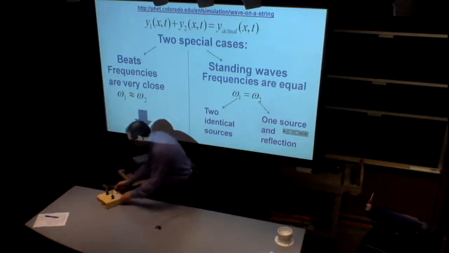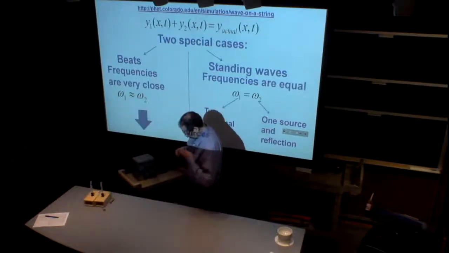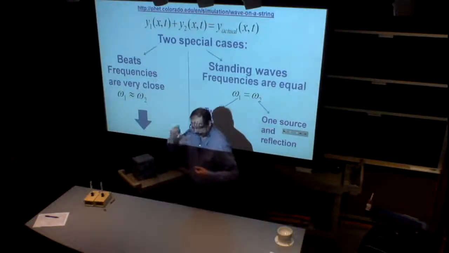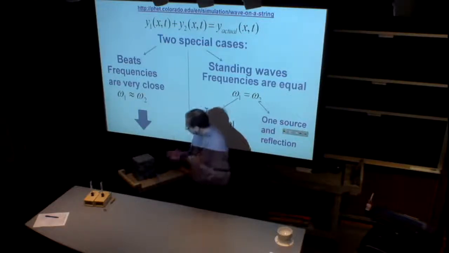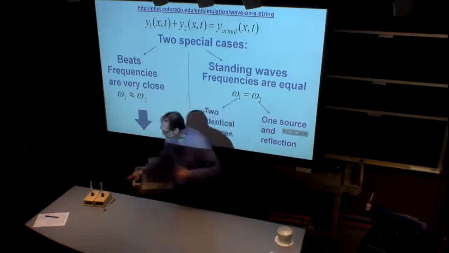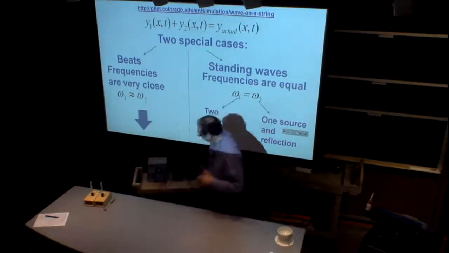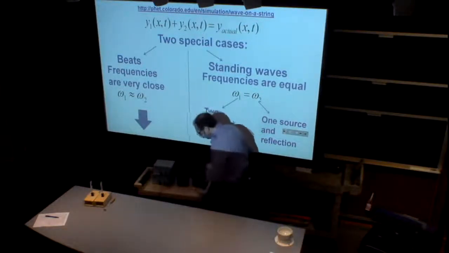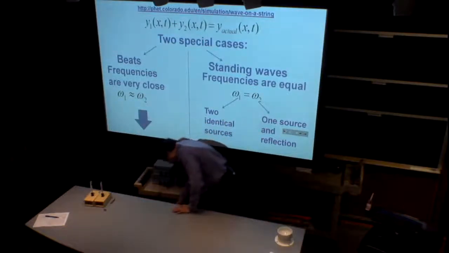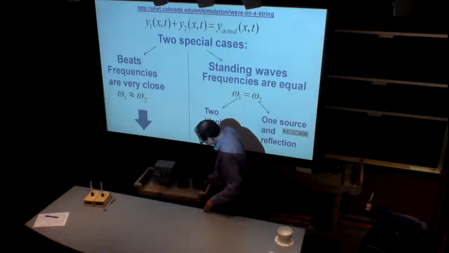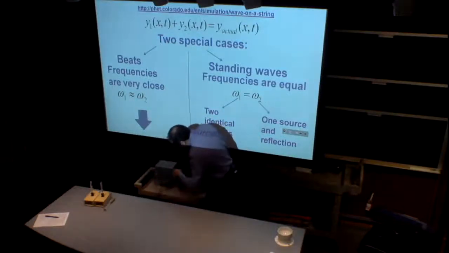And the intensity, the loudness of the sound changes, and of course it's getting louder, then quieter. The time between two loud sounds, that's the period. And this period is different from the period of each individual tuning fork. So how can we figure out how the beat frequency, the beat period, is related to the actual frequency of each individual source?